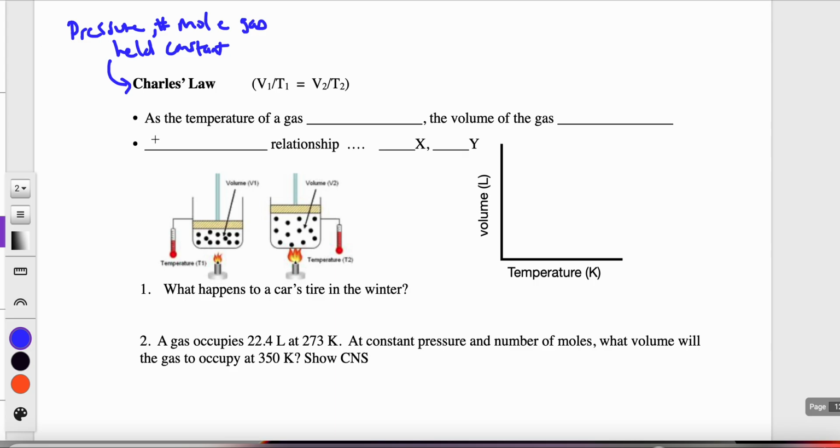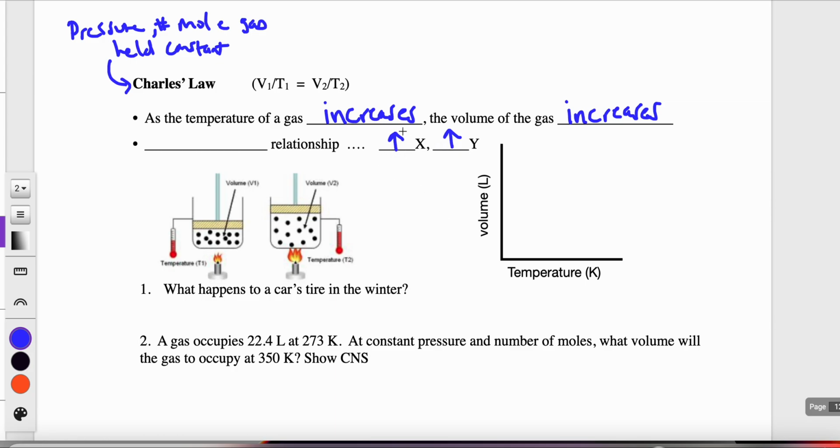So his law states that as the temperature of a gas increases, the volume that the gas needs to occupy also increases. So in this case, as we see an increase in the temperature or an increase in the x coordinate, we will also see an increase in the y.